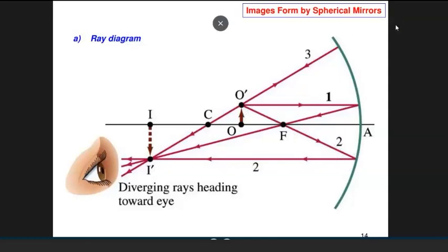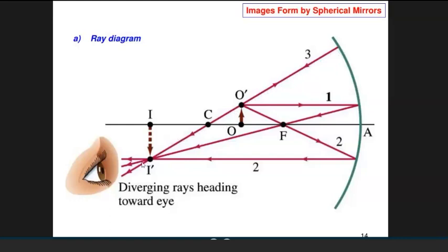Now we have to use third ray. And third ray must pass through the center of curvature. So you see here, a ray passes through the center of curvature and will return back and will pass through the center of curvature.